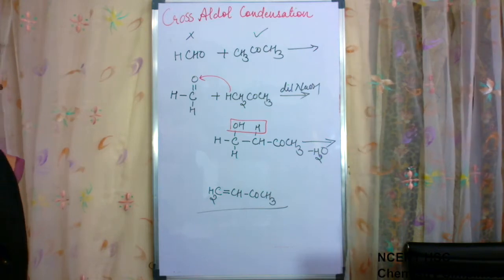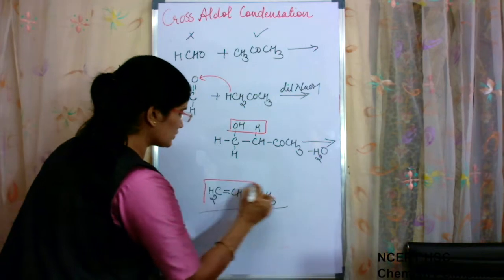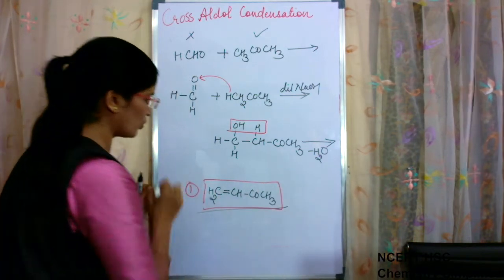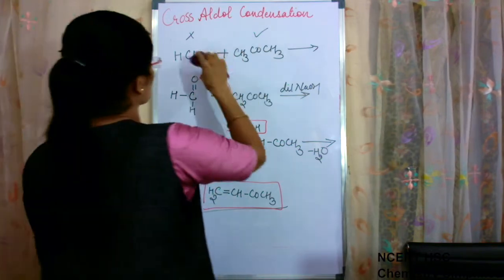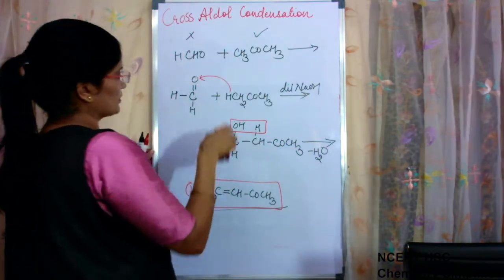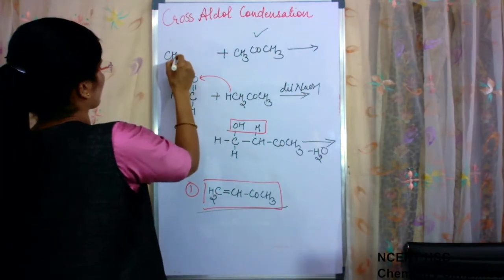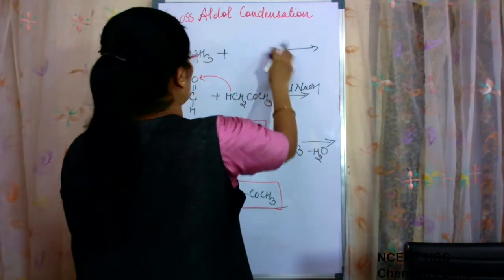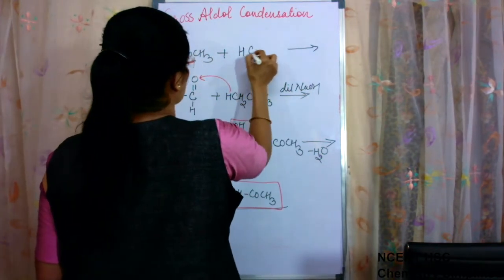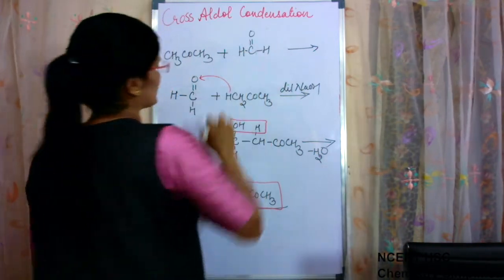Now let us put it in the box. This is the first product which is formed. Now, is it possible to form a product if, instead of the reaction written now, I write CH3COCH3 first and HCHO afterwards?